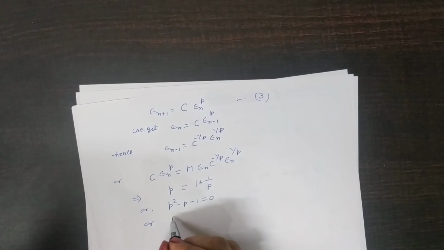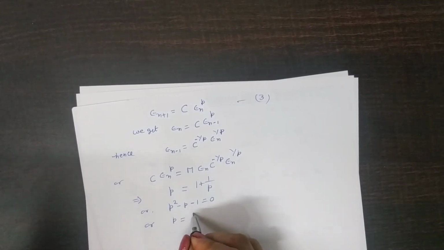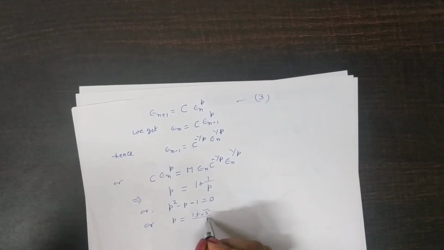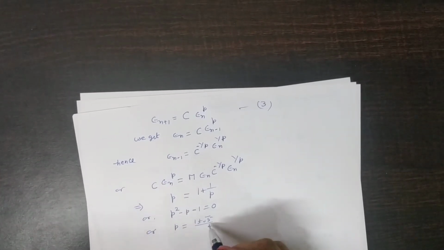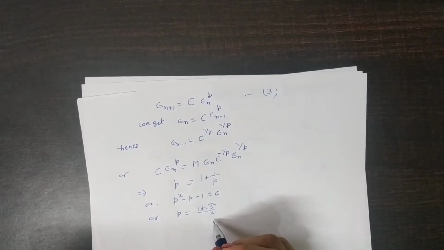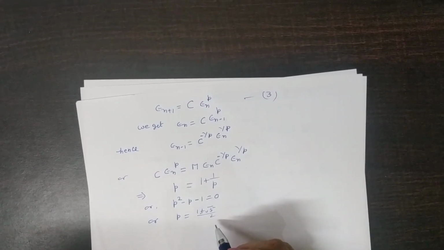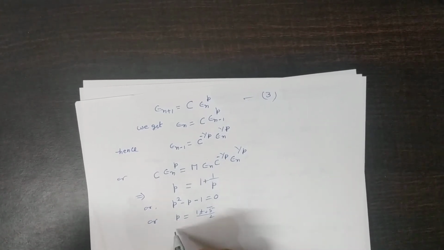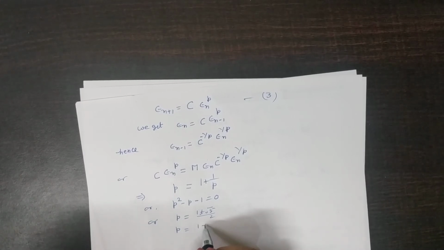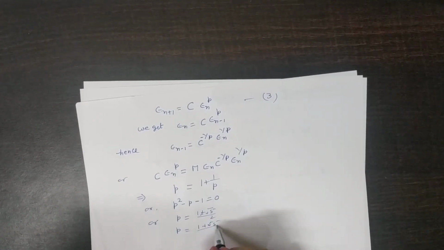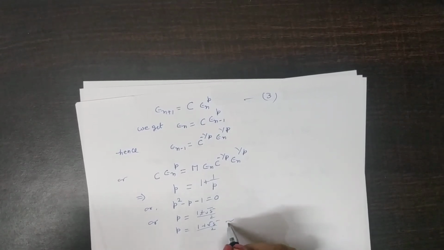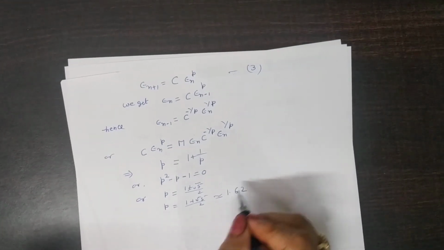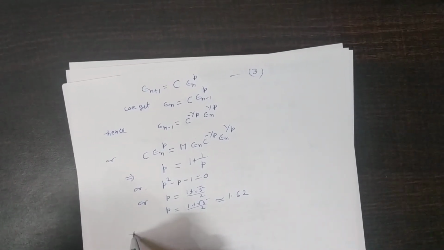The values are p equal to 1 plus or minus root 5 by 2, that is 1 plus root 5 by 2 and 1 minus root 5 by 2. Since 1 minus root 5 by 2 is a negative number, we take p as 1 plus root 5 by 2, which is approximately 1.62.